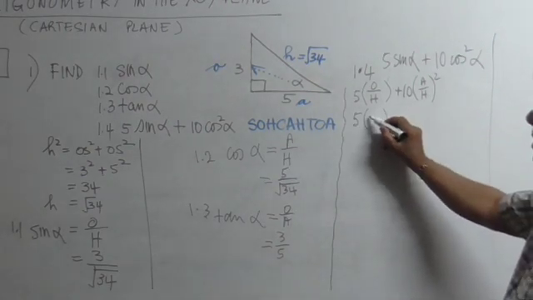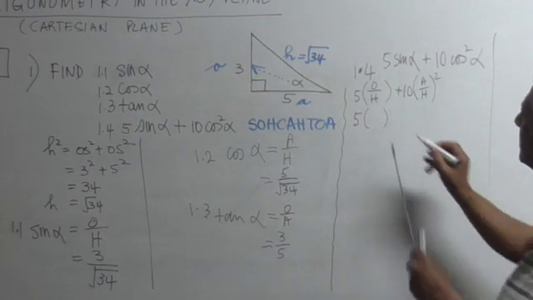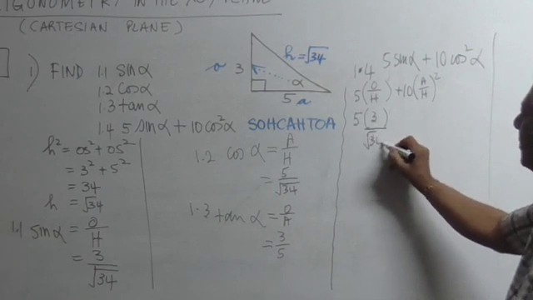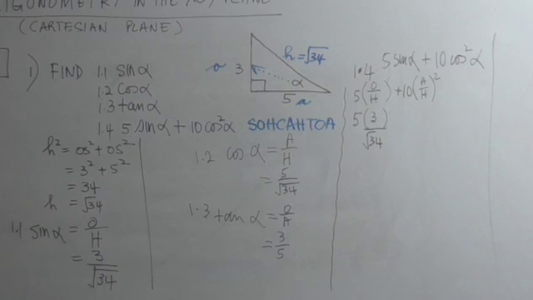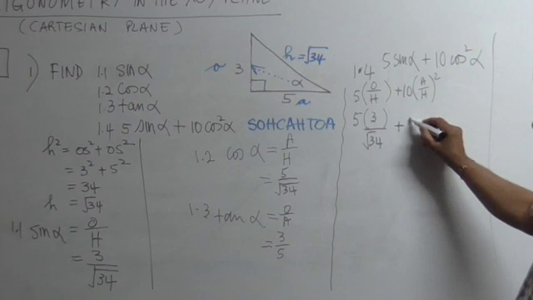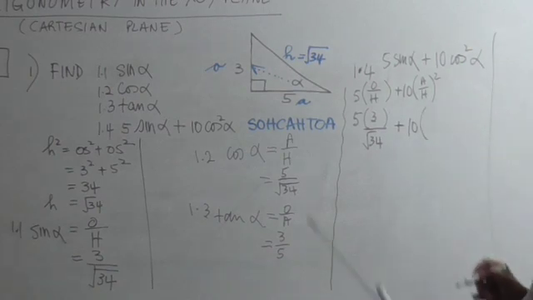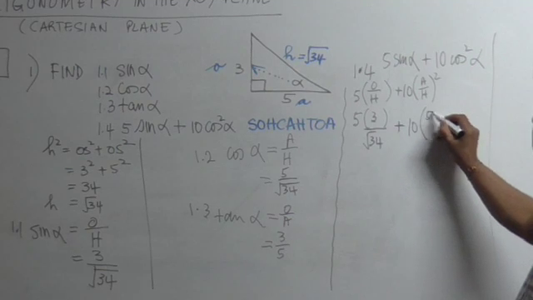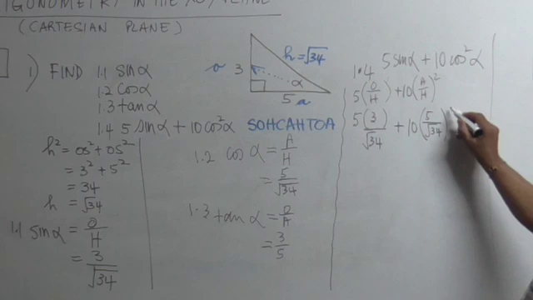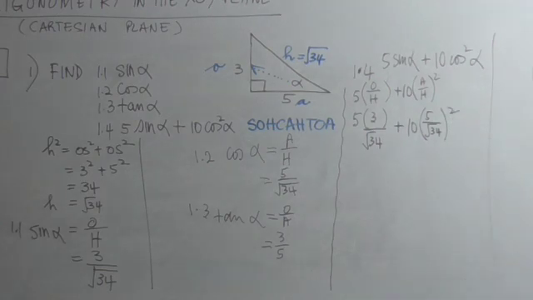So this will be 3 over root 34. And this one will be plus 10 into A is 5 over root 34 squared. Now you can just put that in your calculator exactly how it is and get the answer.